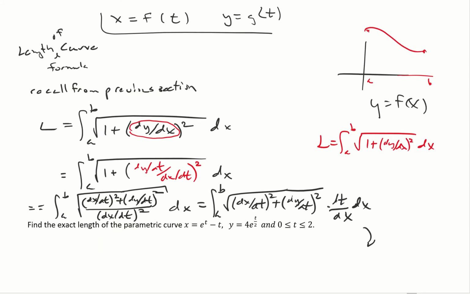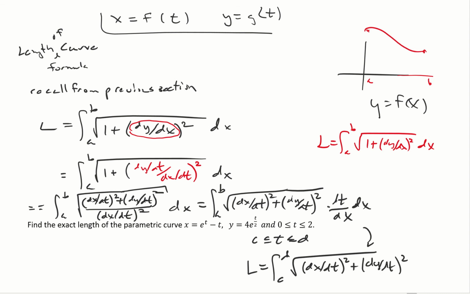The formula is simply the length of curve for parametric equations is the integral from whatever the limits are for t, let's say c is less than or equal to t is less than or equal to d. So integrate from c to d, and instead of 1 plus, it's dx dt squared plus dy dt squared.